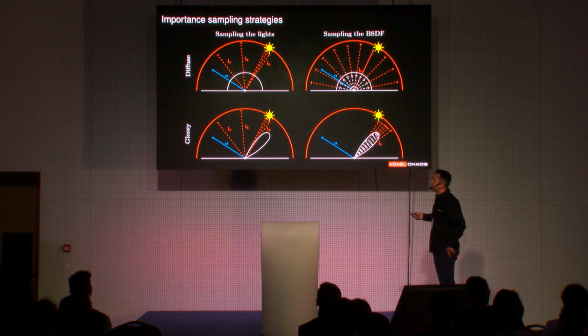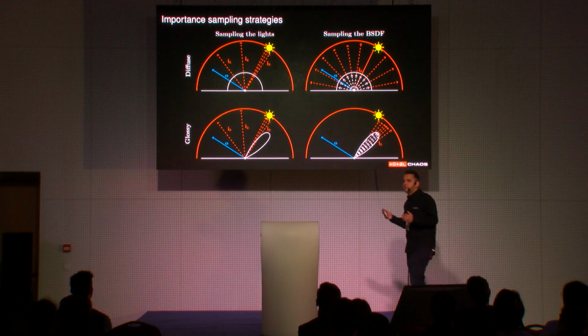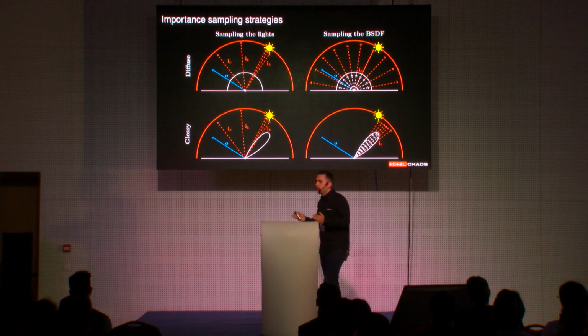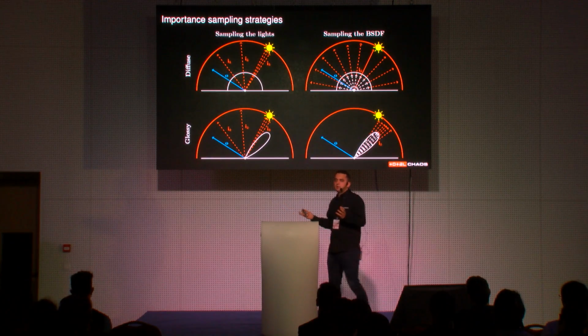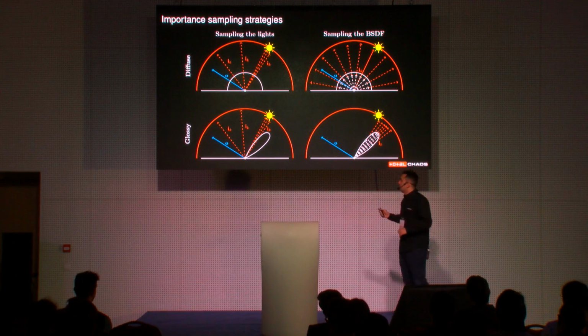The orange arc is our dome light, and I have drawn a sun because it is very common when we have these HDR images to have some very bright spots, and the rest is just much lower.